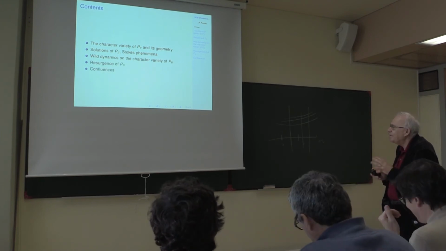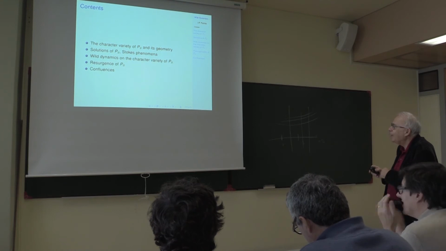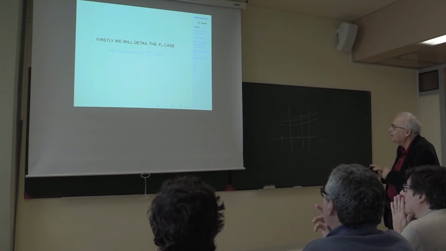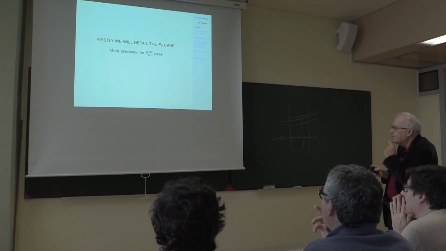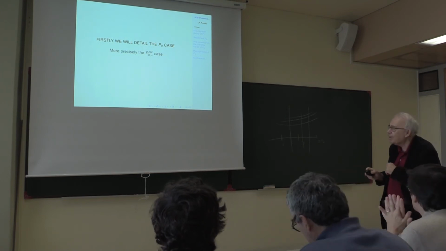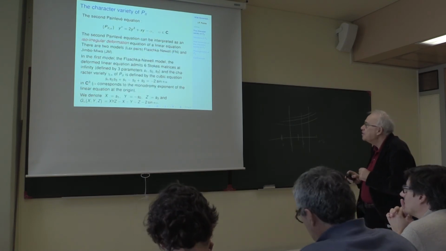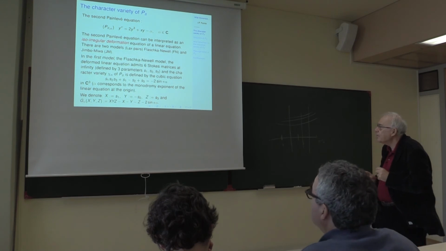We cannot detail everything, but it is the plan, and you can look at the missing details on the slide. So it's a model of Flaschka-Newell, as I will explain. This is the second Painlevé equation.